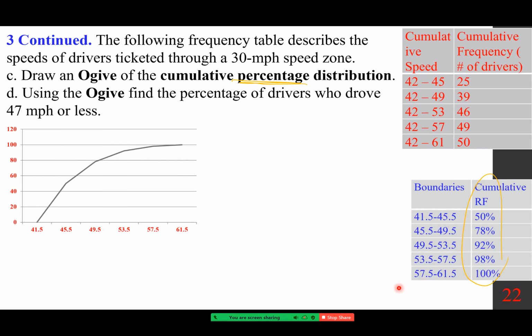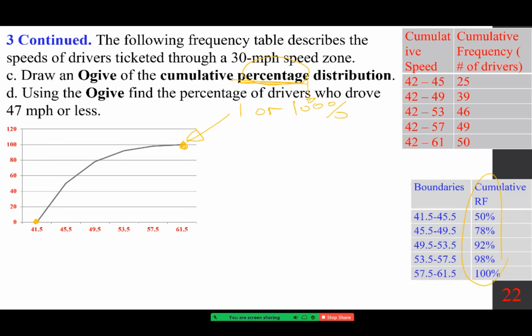I want to make sure everybody understands what's happening, so I'm going to go over that one more time. The lower boundary of the first class always corresponds to 0. The upper boundary of the last class will always correspond to 1 or 100% when it comes to percent frequency.